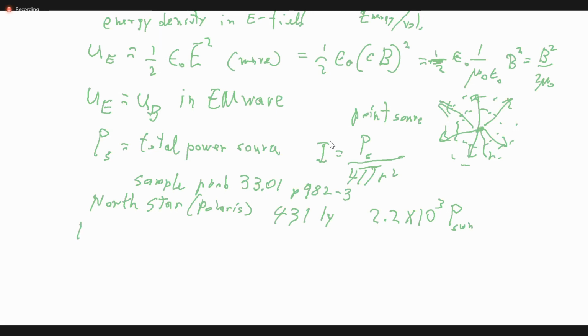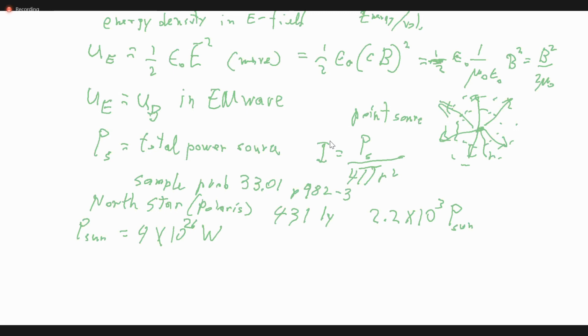We know the sun's power, this is a well-known number, is about 4 times 10 to the 26th watts. Not the intensity, the power. The sun puts out a total of 4 times 10 to the 26 watts.